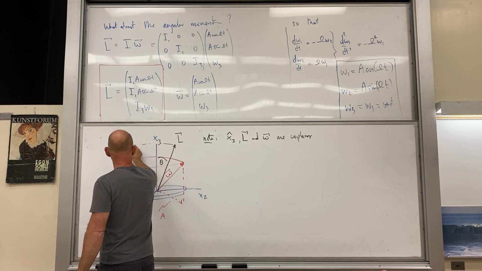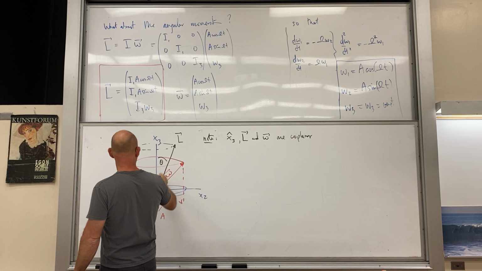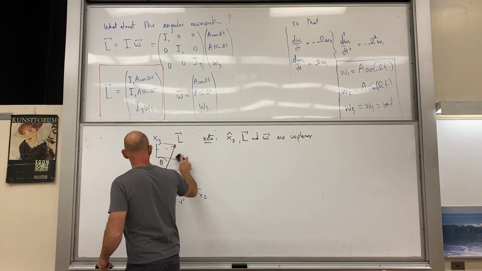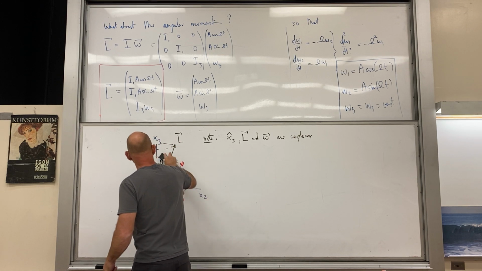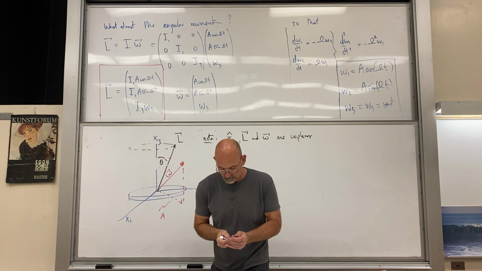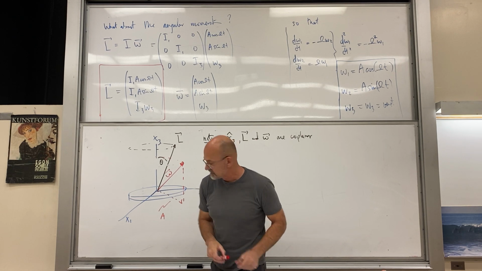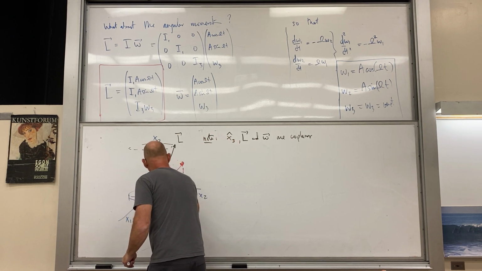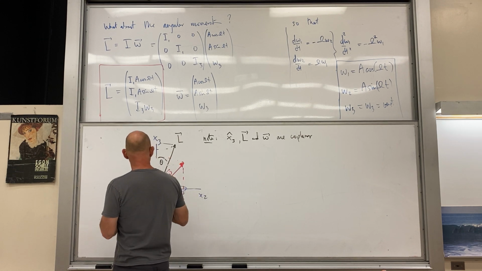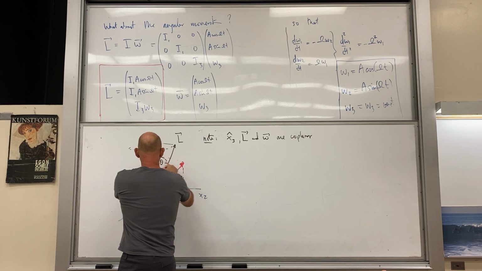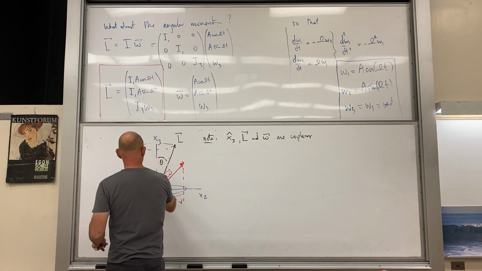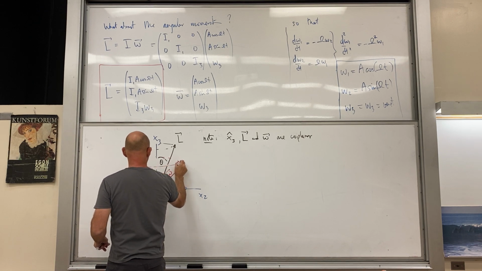So I'll do the same thing for this one, except let's scale them properly. I'm going to redraw these cones if I can. Okay, so there's omega. And if I go this far on that side, my other omega vector.